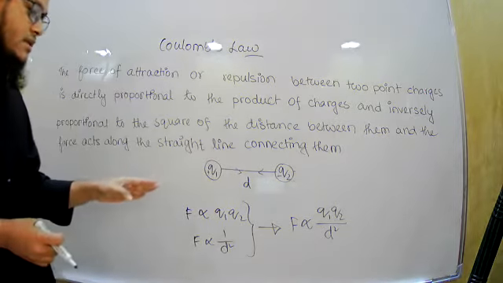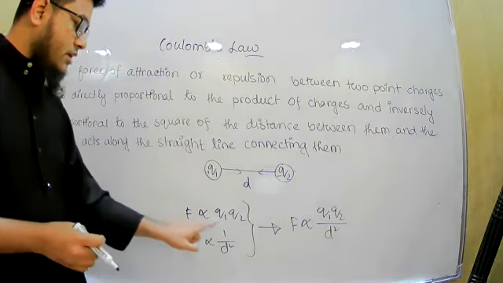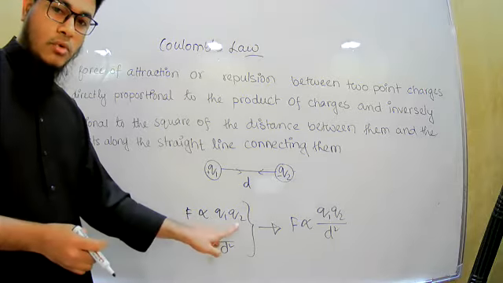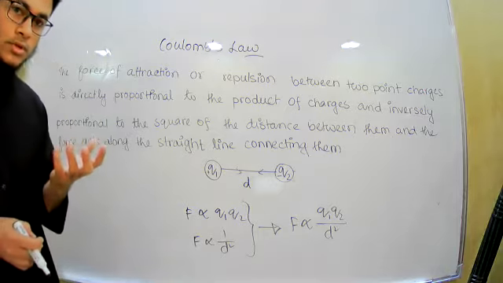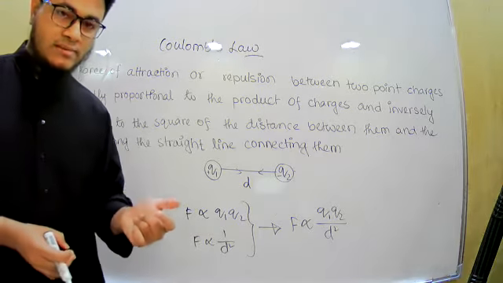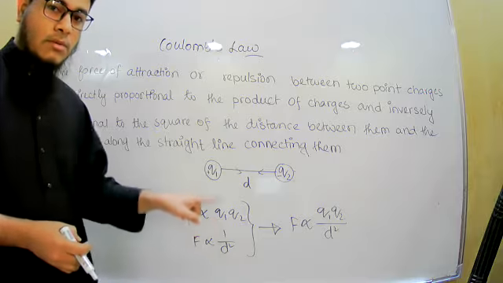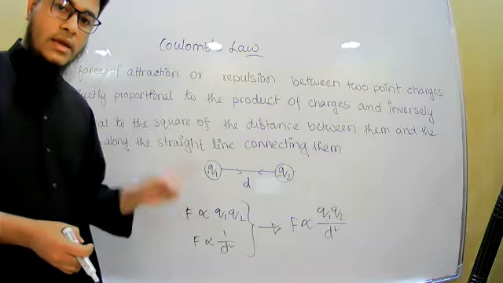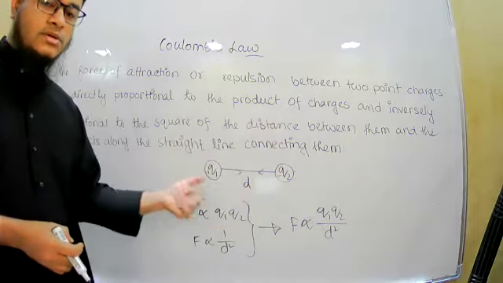So let us just talk about the magnitude now, okay? The force will be directly proportional to the product of the charges. So what do we mean by proportional? Whenever we say proportional, that means if you double any one of the charges, the force will be doubled, okay? Let us say you kept Q2 fixed, but you doubled Q1.